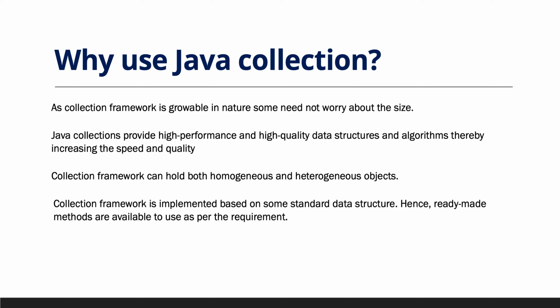It means it will provide some ready-made methods, so instead of implementing them, we can directly use them, like sorting and searching. These kinds of methods are already provided by the Java collection framework. Instead of implementing the logic of sorting or searching, we can directly use it. We will see with the help of an example how we can do that. So these are a couple of reasons why we need to go for the Java collections.